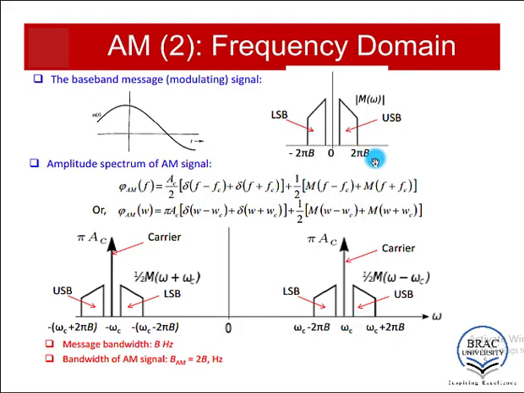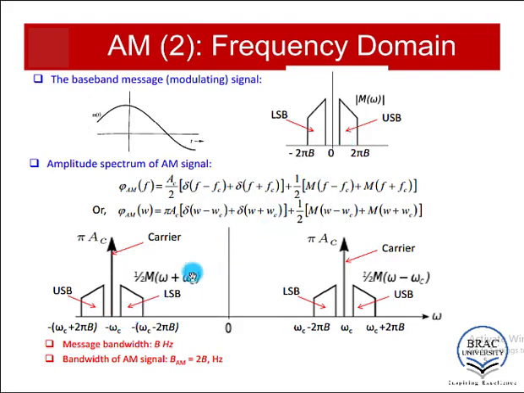Previously this was at 2 pi B, and this point was at minus 2 pi B. Now as the whole spectrum is shifted to omega c, this value has now become omega c plus 2 pi B, and this value has now become omega c minus 2 pi B. A similar thing happens, and the spectrum is shifted again to the left direction by omega c.